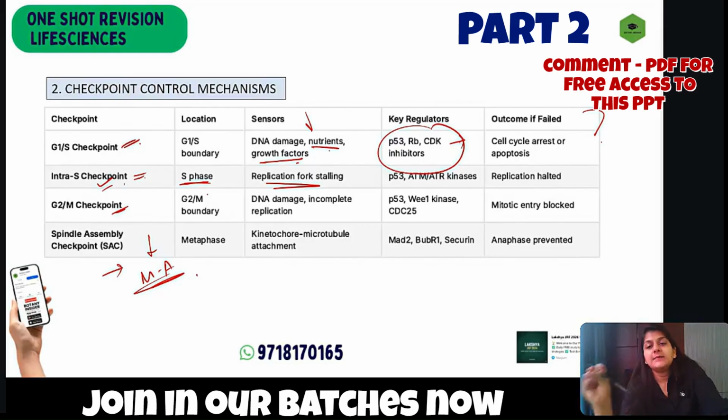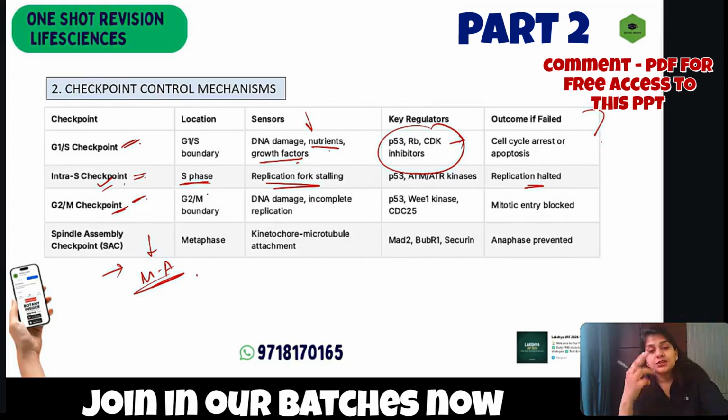p53, ATM, ATR: depending upon whether there is a problem in the single strand or double strand of the DNA, the ATM or ATR pathway will be activated, and then the replication is halted if the requirement is not fulfilled, right? Then G2 to M transition.